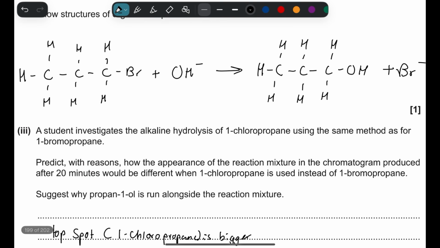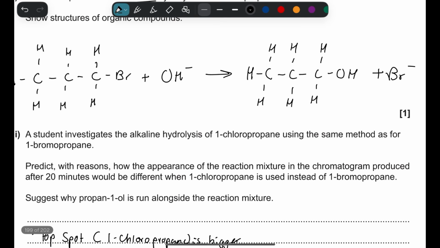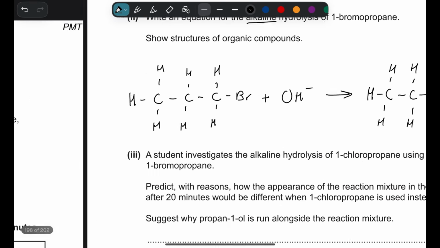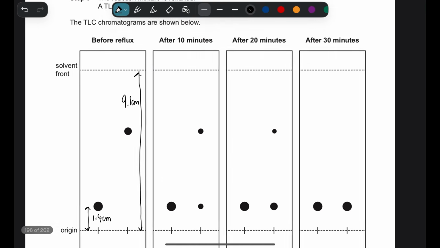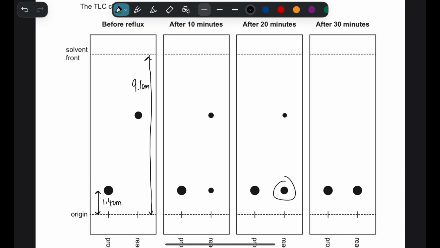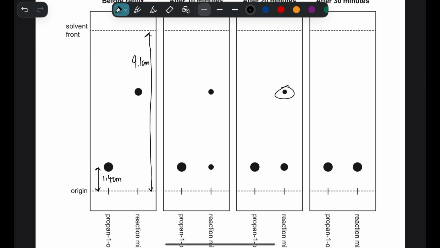Cool. Now we're investigating alkaline hydrolysis of 1-chloropropane using the same method. They ask for reasons how the appearance would change after 20 minutes. So I'm looking at 20 minutes again, and at 20 minutes I can see that we have some propan-1-ol, but we also still have some 1-bromopropane.